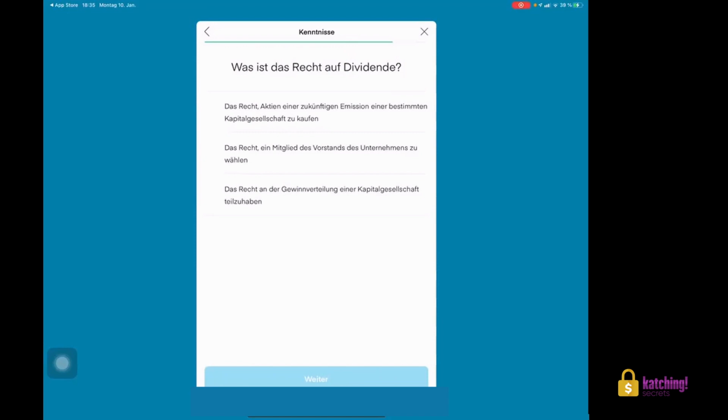What is the right on a dividend? So what is the right on a dividend? It's the right to get shares of a future emission of a certain company.